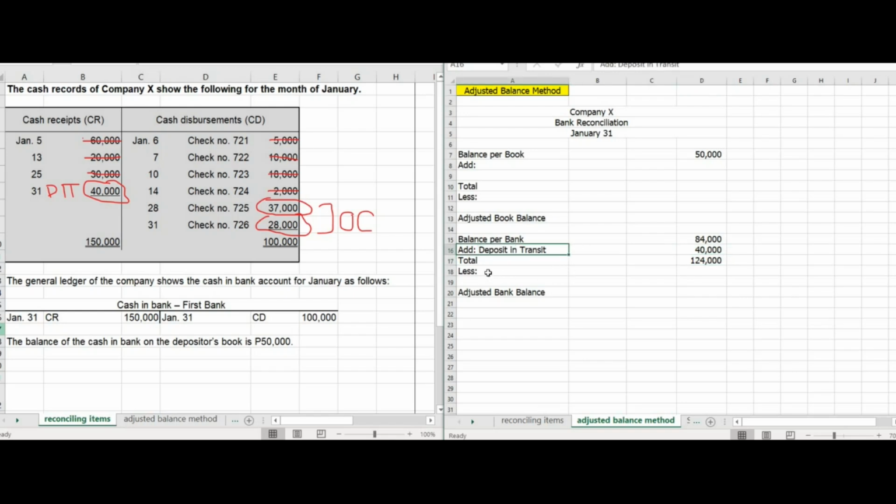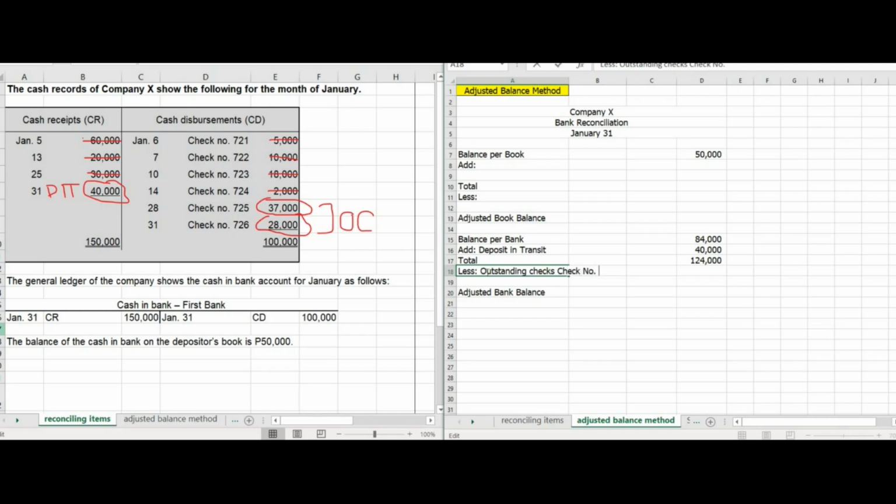Then, after that, if you have already your deposit in transit, now let us consider another reconciling item. So, we have outstanding checks. Now, so, still, these are bank reconciling items. So, sulat lang natin. I-type lang natin. This is your outstanding check. So, lagyan natin ng check number, no? Para mas madali ang ating pag-trace, no?